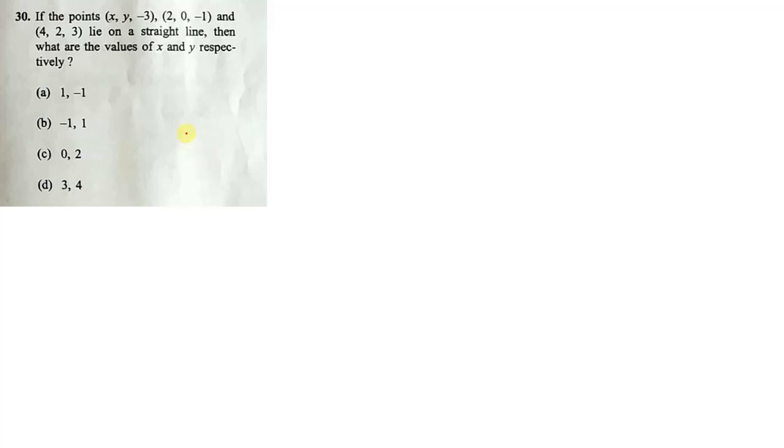Now question number 13, the last question of this part: if the points x, y, minus 3, 2, 0, minus 1 and 4, 2, 3 lie on a straight line, then what are the values of x and y respectively?